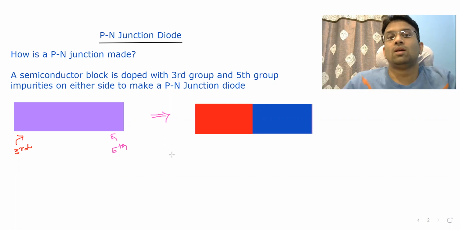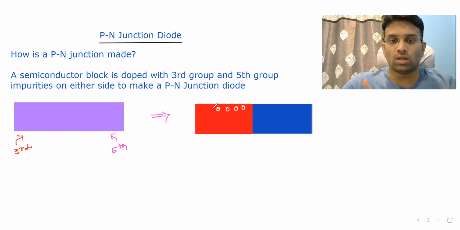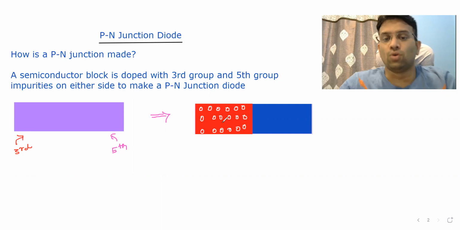Please understand, as we have discussed earlier, on the P side we have holes in majority. There are electrons also on the P side, but the majority are holes. Remember that. I am drawing very few of them.